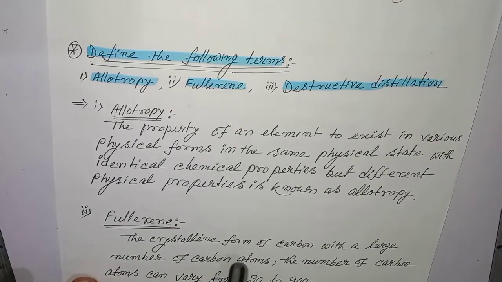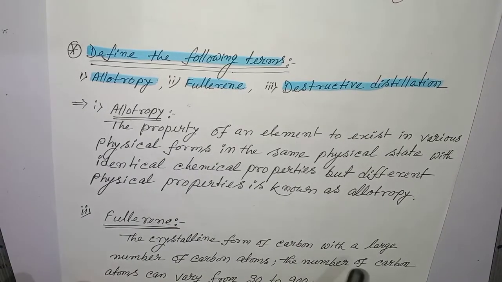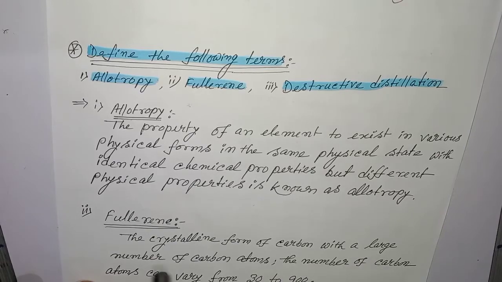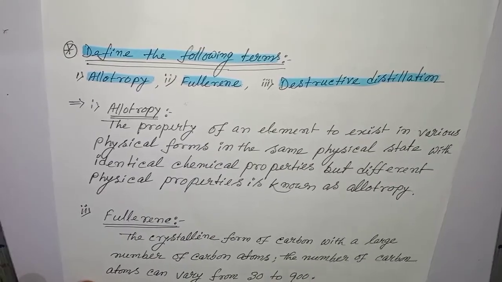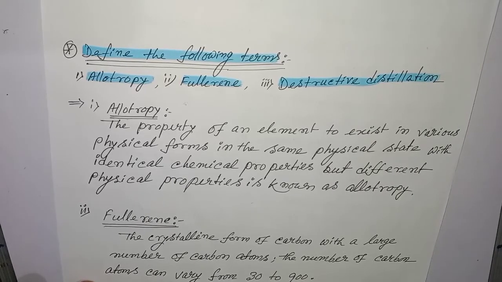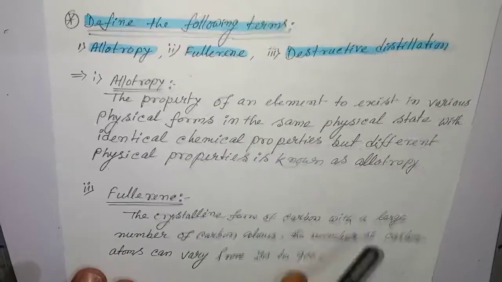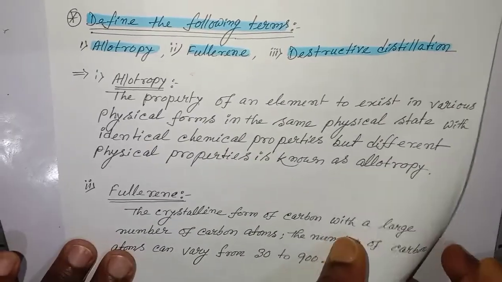The crystalline form of carbon with a large number of carbon atoms. The number of carbon atoms can vary from 30 to 900.